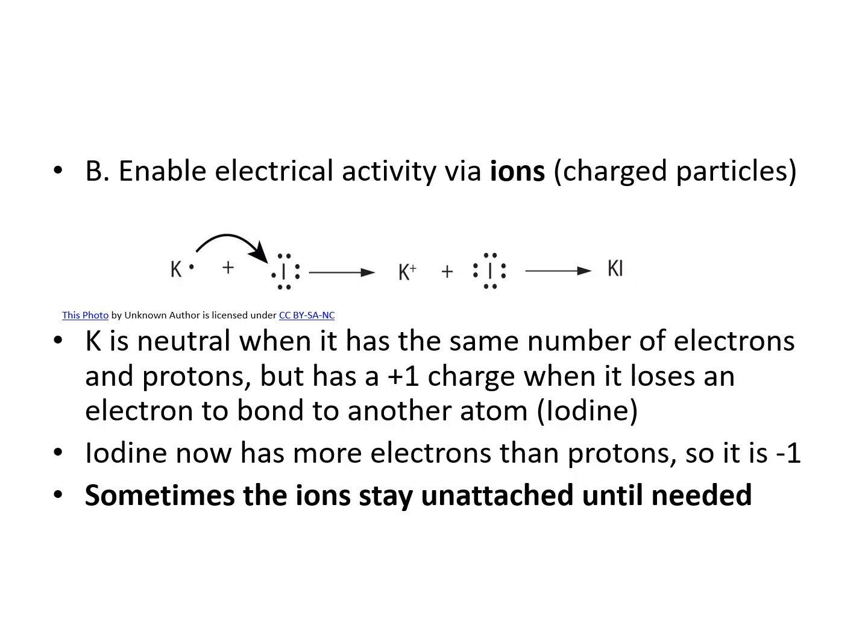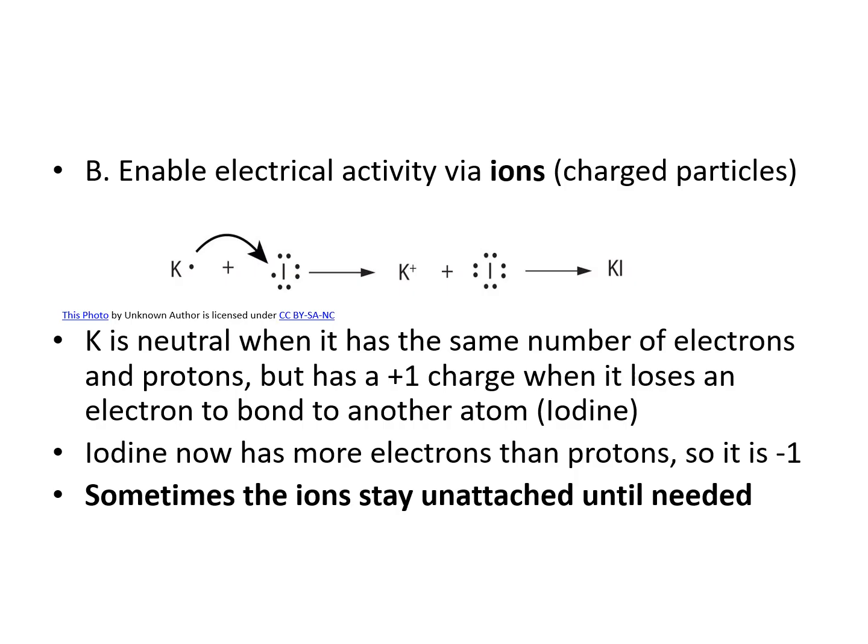Now, in our body, the benefit of that is if we take in potassium iodide, we can then break it down and get individual potassium ions and individual iodine ions. Iodine is responsible for correct thyroid function.